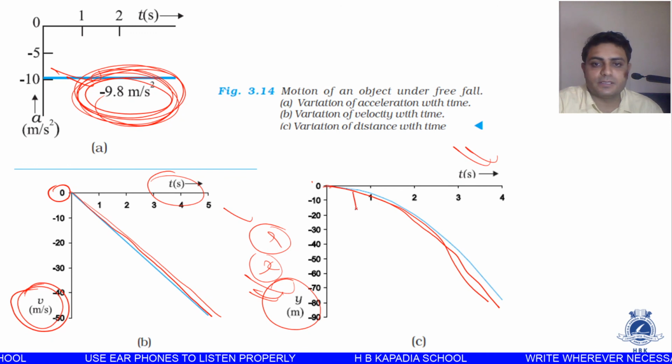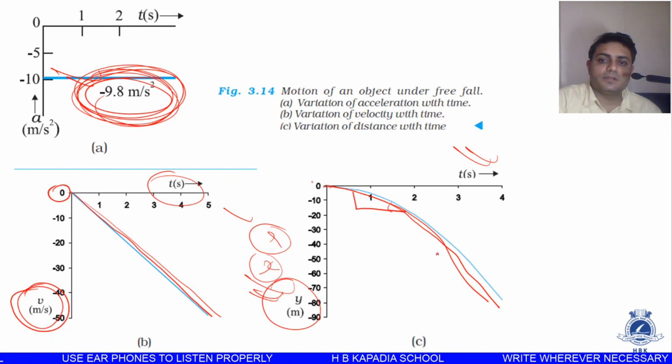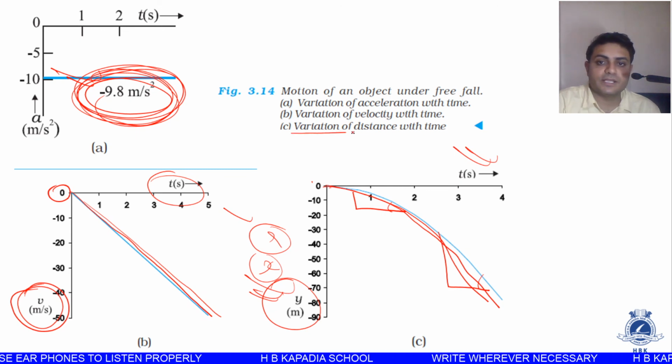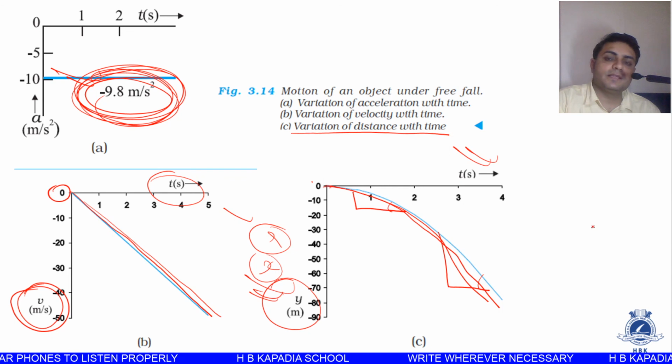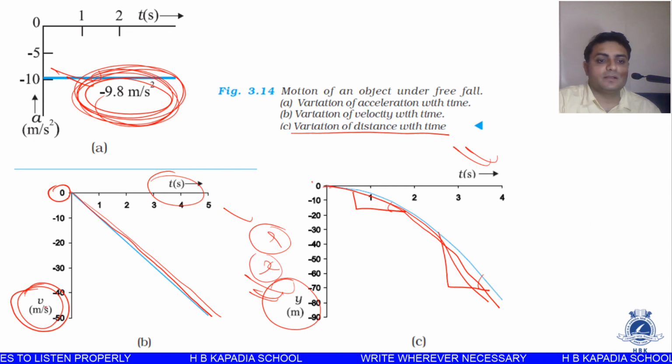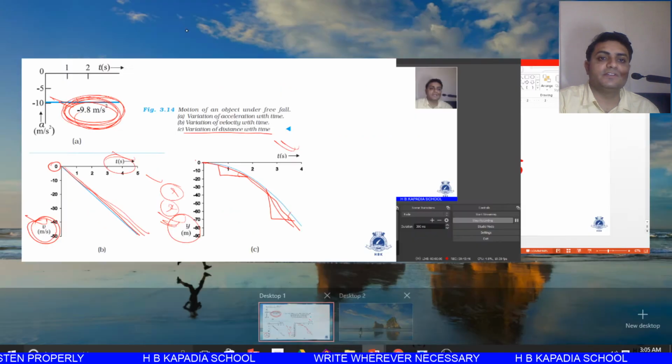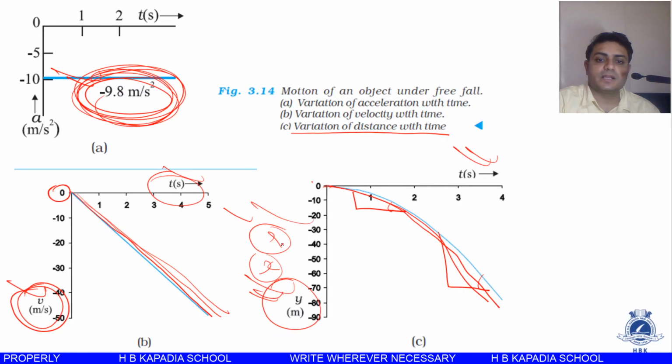Initially the velocity was less, but later on the velocity increases, but it is increasing along the negative direction. So there is a variation of distance with time, but there is acceleration. All these three graphs are for accelerations. This is the v versus t graph which suggests the acceleration. This is a graph of a versus t in which there is acceleration. This is a graph of x versus t in which we have acceleration.